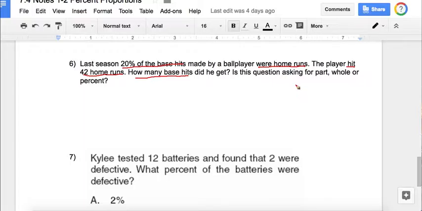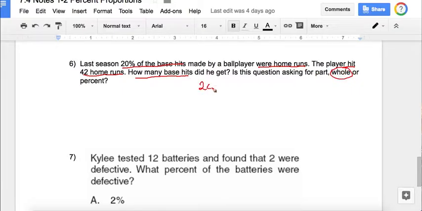Now, we know we have a percent here, so they're not asking for percent, and we know he hit 42 home runs. So, 42, would that be all of his hits or part of his hits? Hopefully you said 42 home runs would be part of his hits. So how many base hits did he get? We are looking for the whole.